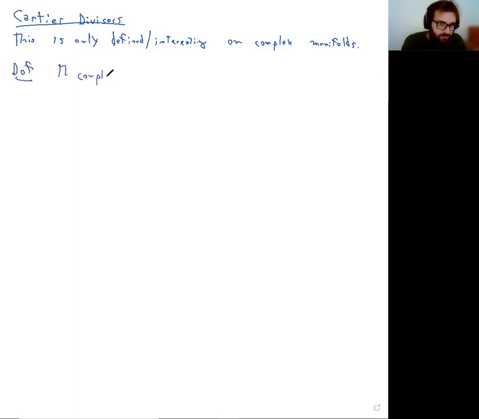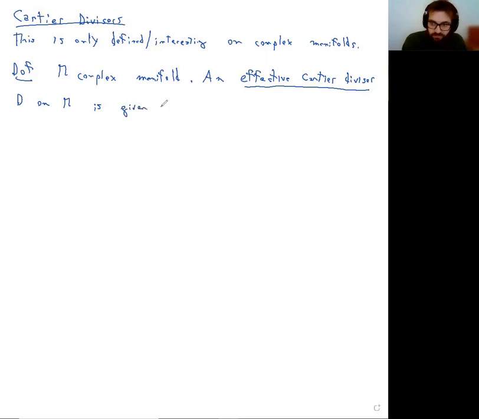So M a complex manifold. Then an effective Cartier divisor D on M is given by an atlas U alpha and holomorphic functions f alpha from U alpha into C, which are not identical to 0.